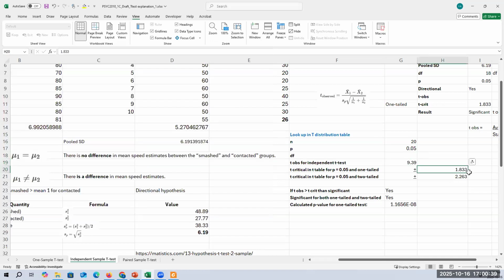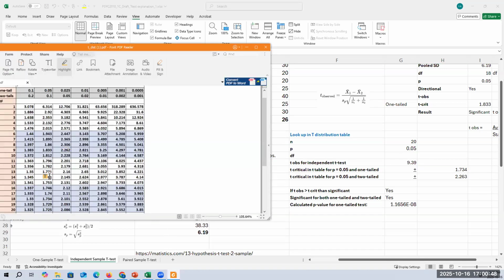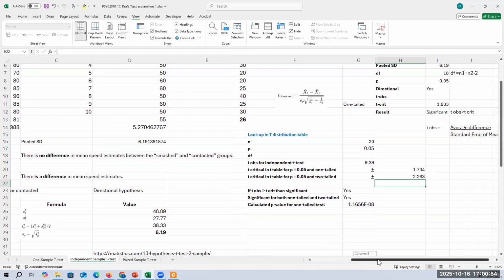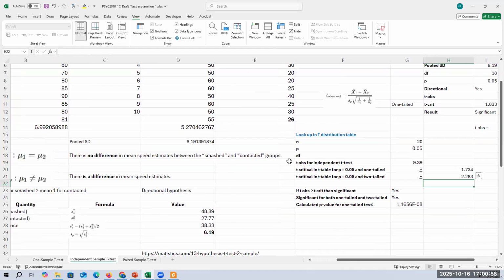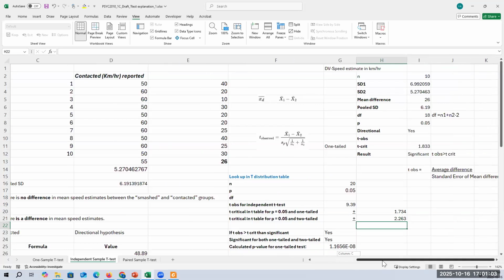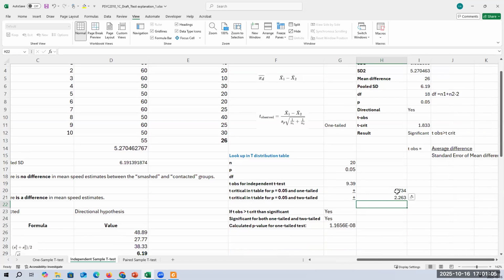So this should be 1.734. And if I look at the degrees of freedom, which is 18, right? Oh, actually, wait. You have two groups. Yes, 20 minus 2 is 18. That's correct. So that would be 1.734.